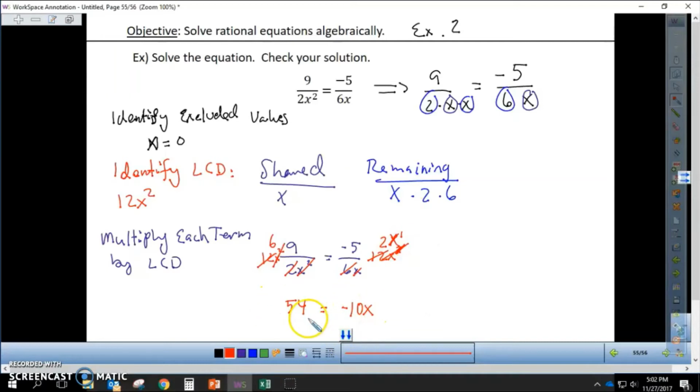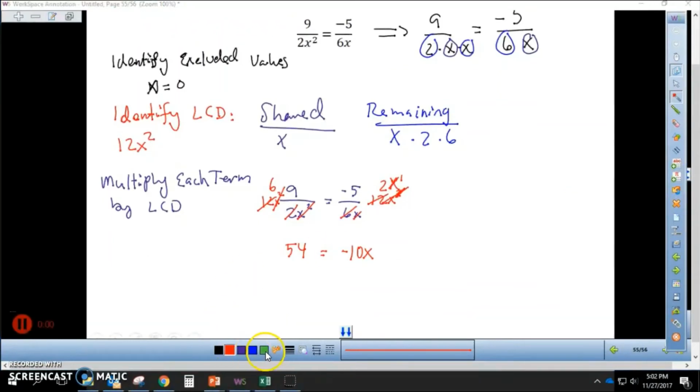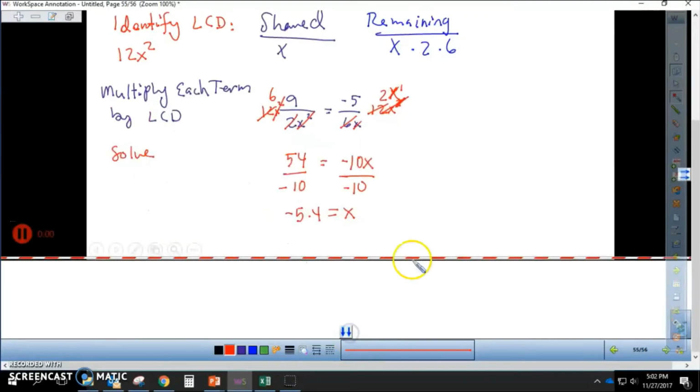Okay, so I have 54 is equal to negative 10x. We have to go ahead and solve. So I'm going to divide this side by negative 10, divide this side by negative 10, and we get negative 5.4 is equal to x, which gives us x is equal to negative 5.4.